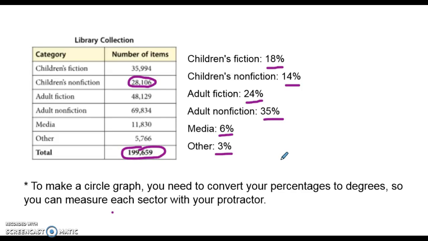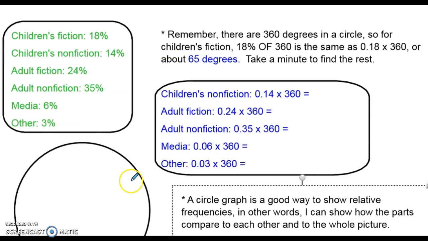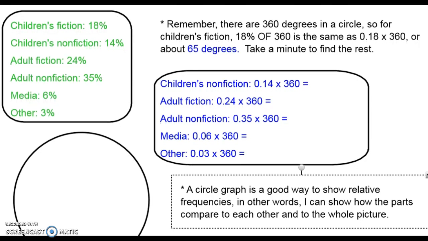Now to make a circle graph, we have to convert those percents to degrees because we want to measure each sector with our protractor and make our circle graph as accurate as possible. So here's where we're going to find our circle graph.